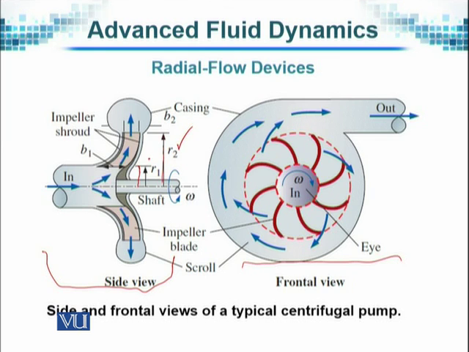So the radius R1 is taken for this side, and R2 goes up to here. Similarly, there is a casing, and the other things are pretty simple to see. Omega is the angular velocity, the velocity with which this shaft is rotating, and it is rotated by the motor that exists in this device, the centrifugal pump.